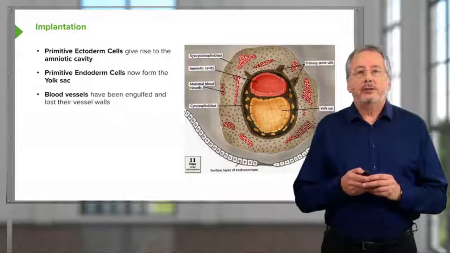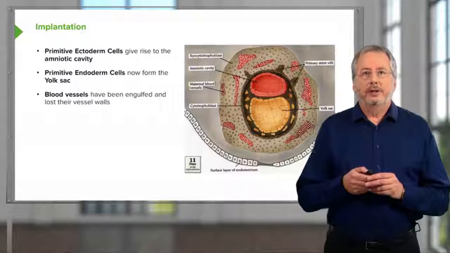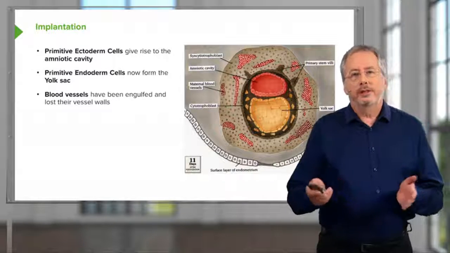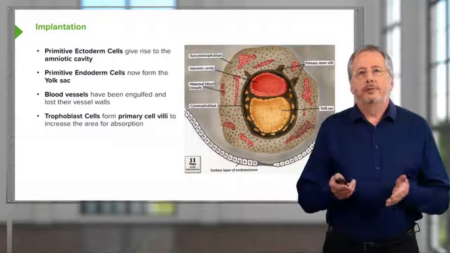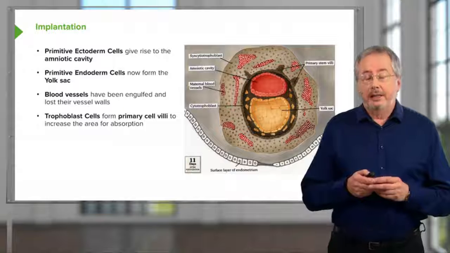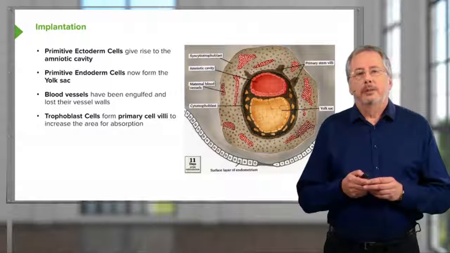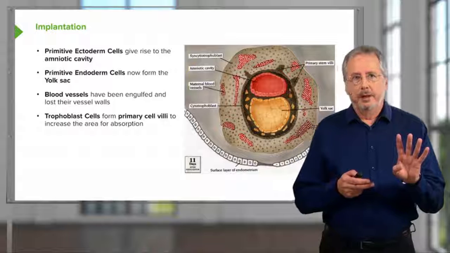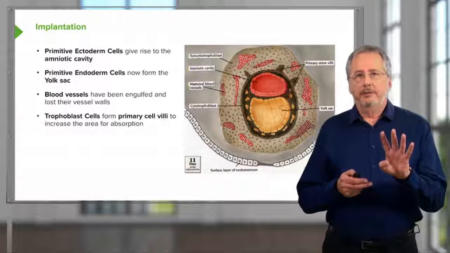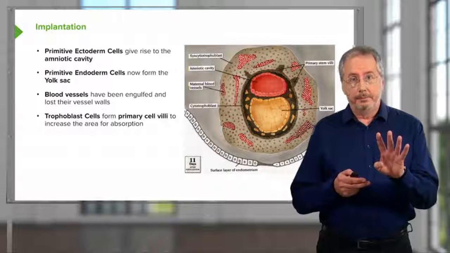If we look at the blood cells of the uterus, we can see now that they have been entirely engulfed by this syncytial trophoblast. And in fact, some of the trophoblast cells shown in the diagram in dark brown are beginning to develop finger-like projections, or villi. And this is an early marker for what will be the placenta.